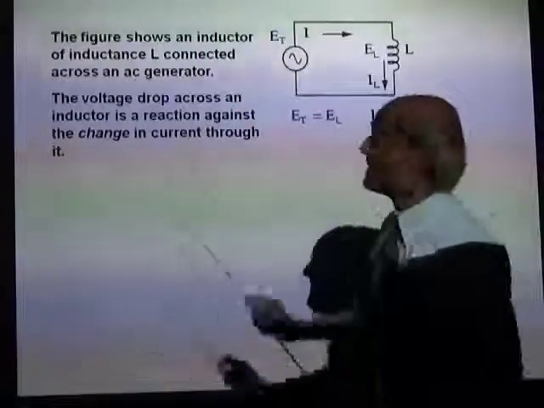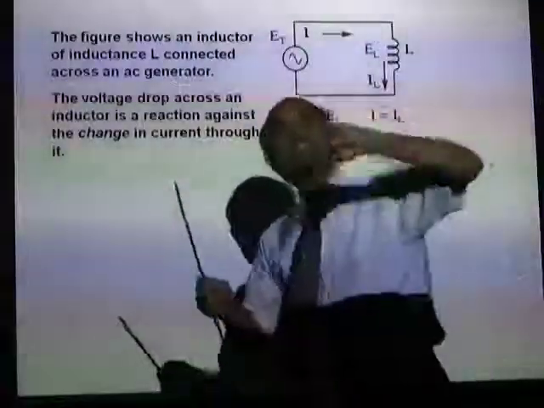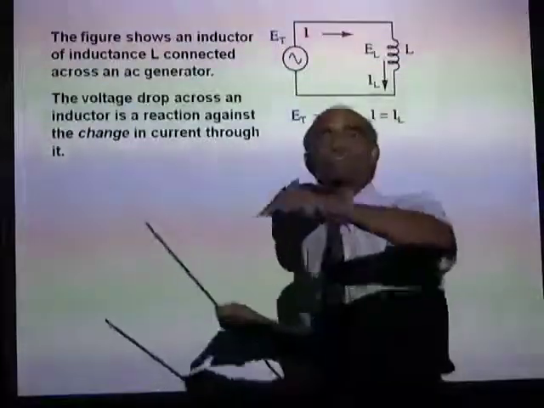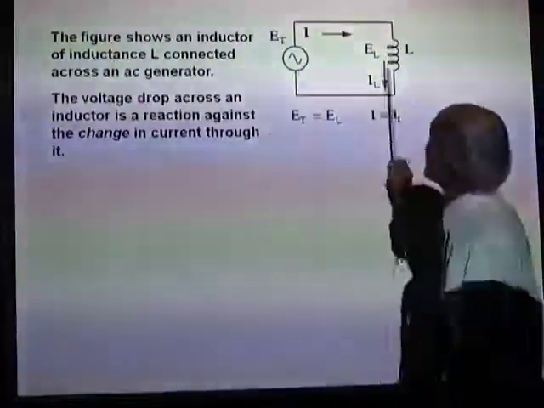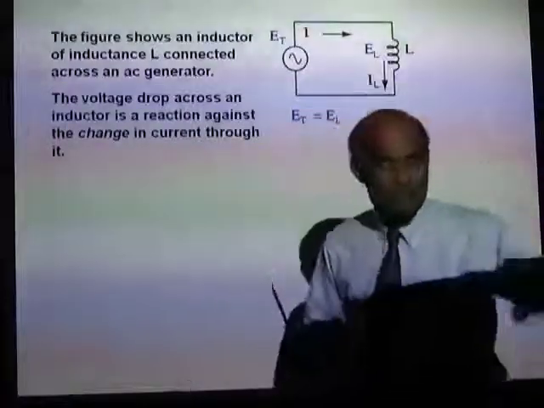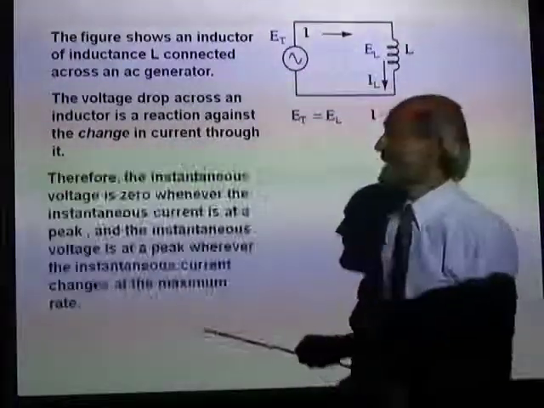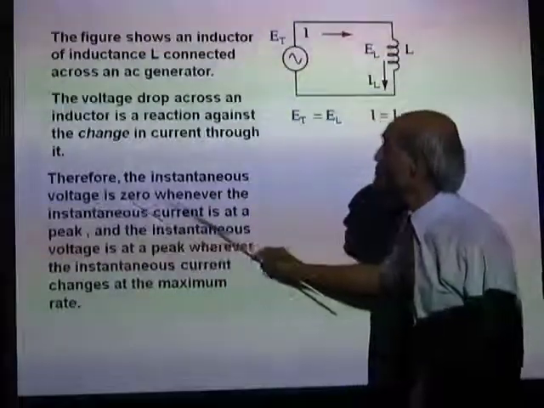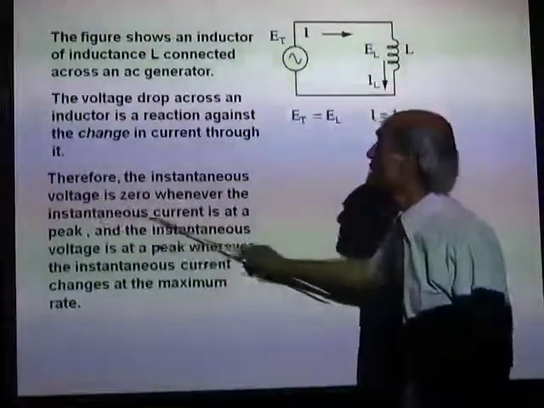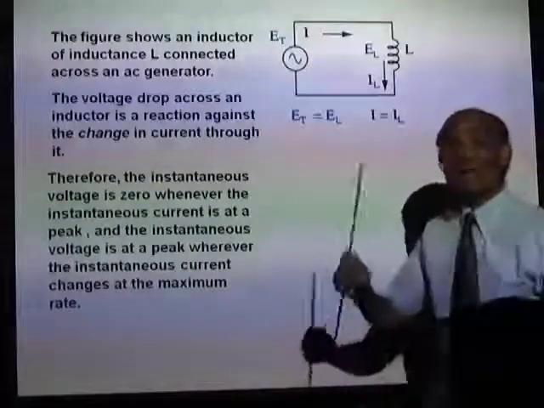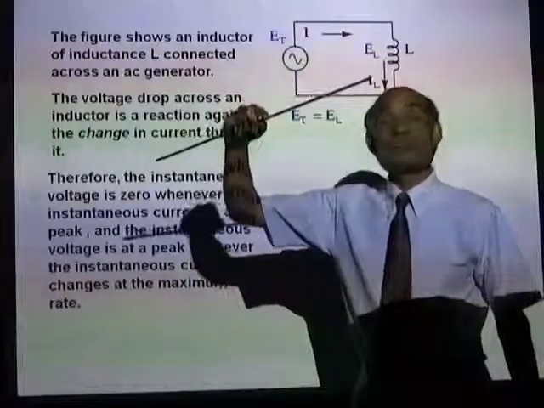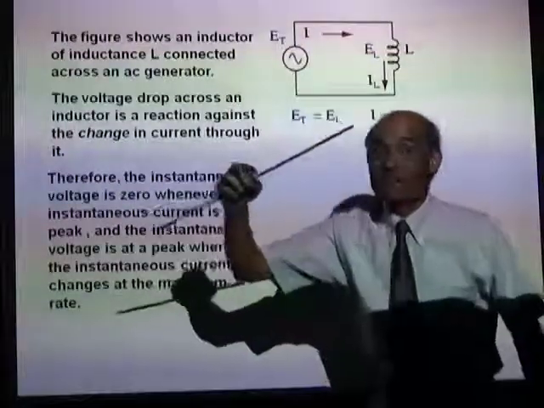Now remember, an AC is a continuously changing current or a continuously changing EMF. That means the inductor will be continuously opposing it. Therefore, the instantaneous voltage is zero whenever the instantaneous current is at a peak. When the instantaneous current is at a peak, the current is not changing.